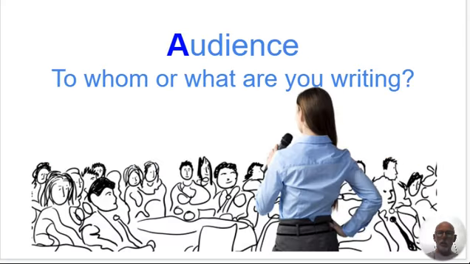The next thing we want to look at is the letter A, which is for audience. The audience, we need to know who we are writing to, or to whom are we writing. So let's look at some possible audiences for our writing.